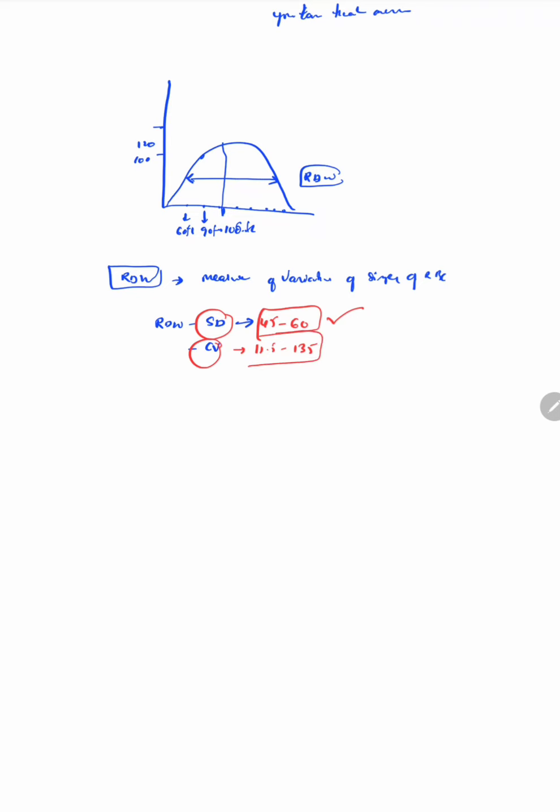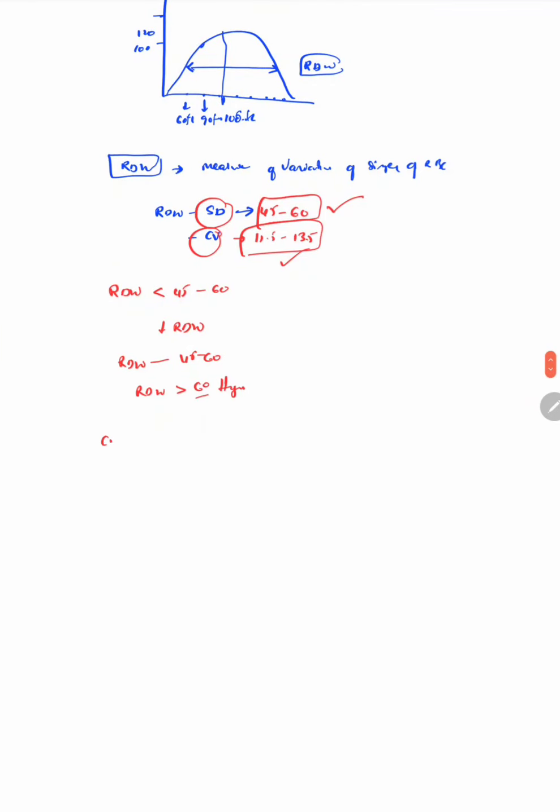For the CV type it is 11.5 to 13.5. So when RDW standard deviation is less than 45, it is decreased RDW. When it is between 45 and 60, it is normal. When RDW is greater than 60, it is high.